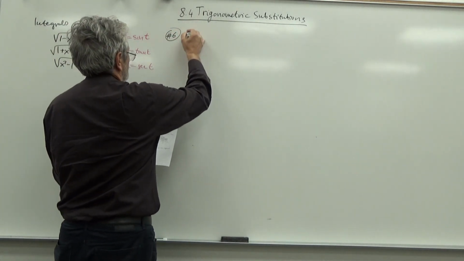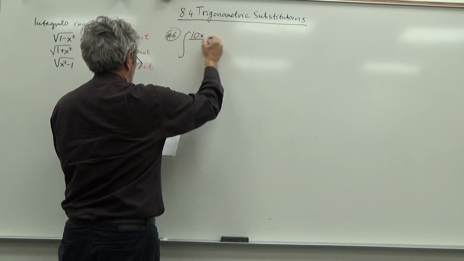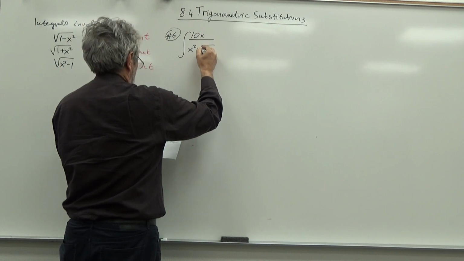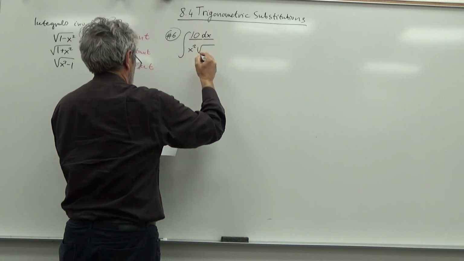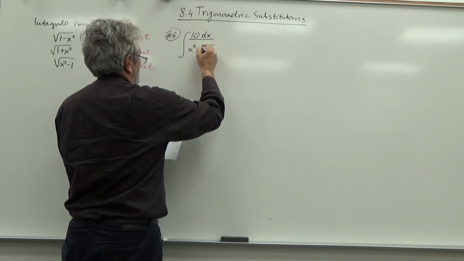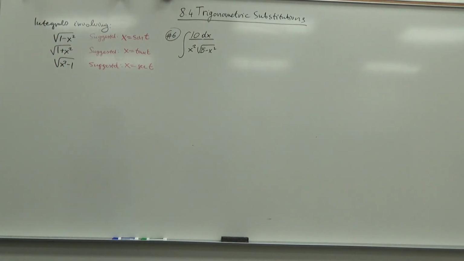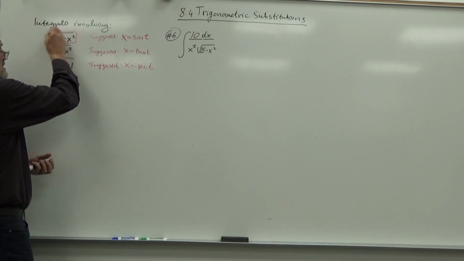We have the integral of 10x over x squared times the square root of 25 minus x squared dx. So what happens here, as we mentioned, we have our buzzword.